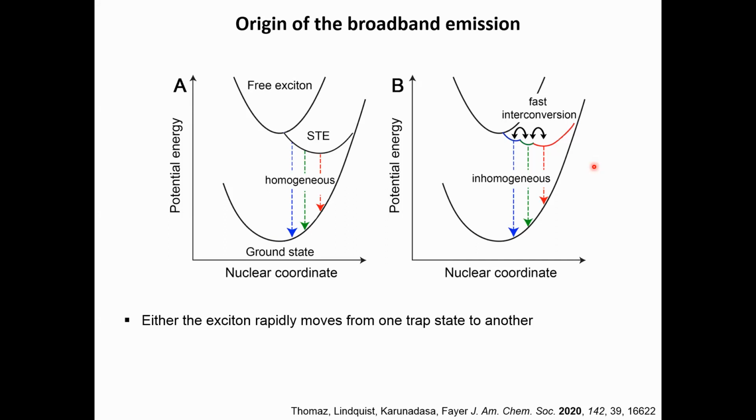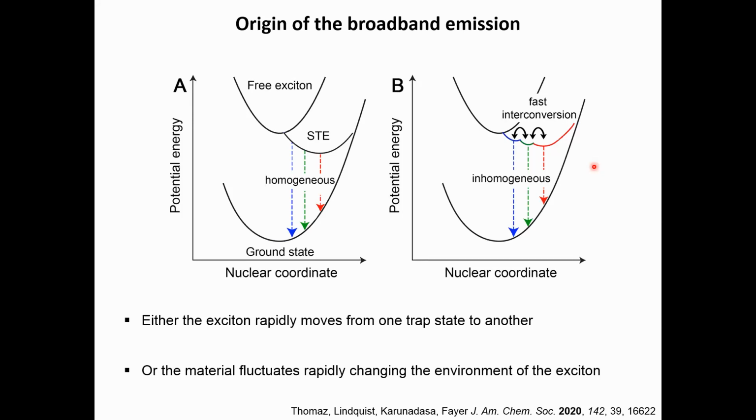But what if the lattice is moving? I won't go into the details of these measurements, but we studied many other perovskites, also with Professor Fayer, and we found that that is indeed true. The lattice is fluctuating, which is very strange. But there are many groups around the world now who have done studies showing that we see this crystal structure and think every atom is in place, but they're actually all moving at some time scale.